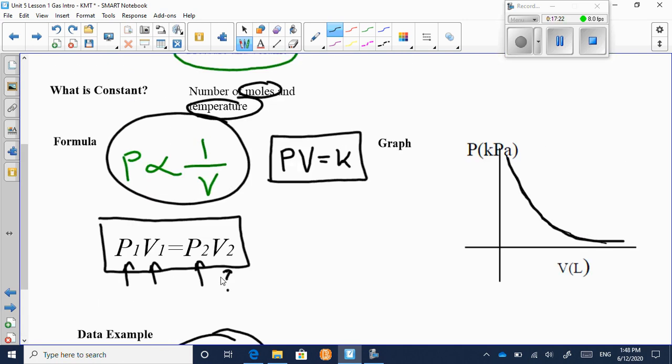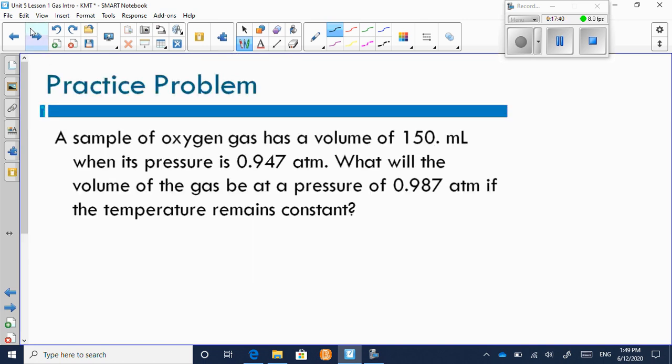Okay, but here it is. This is the gas law that you're going to use quantitatively. As long as the number of moles and the temperature remain constant, this is the relationship between pressure and volume. All right, well, let's try an example of this.